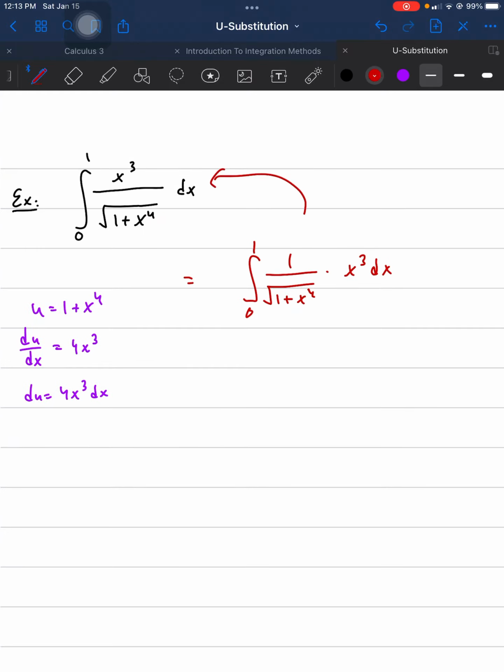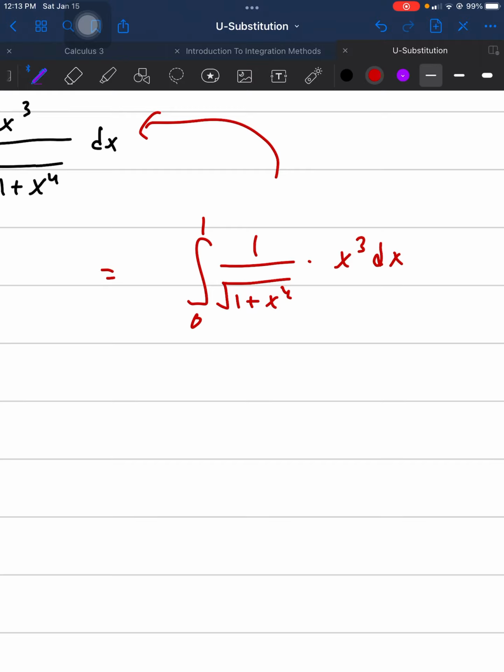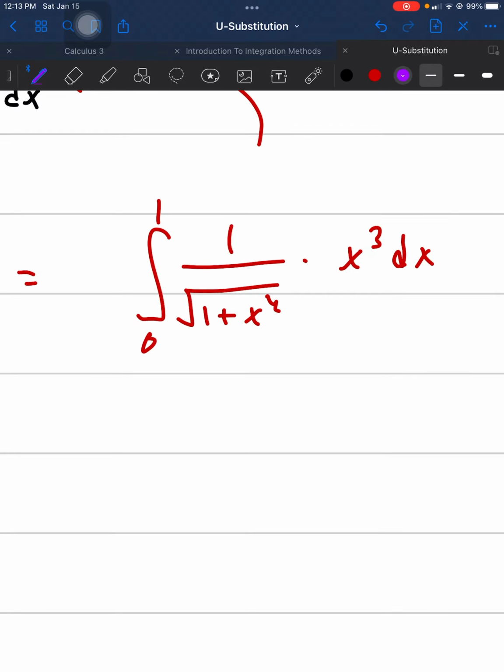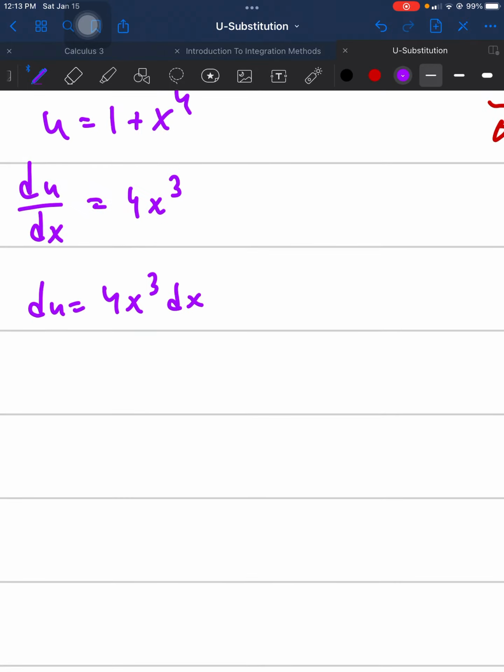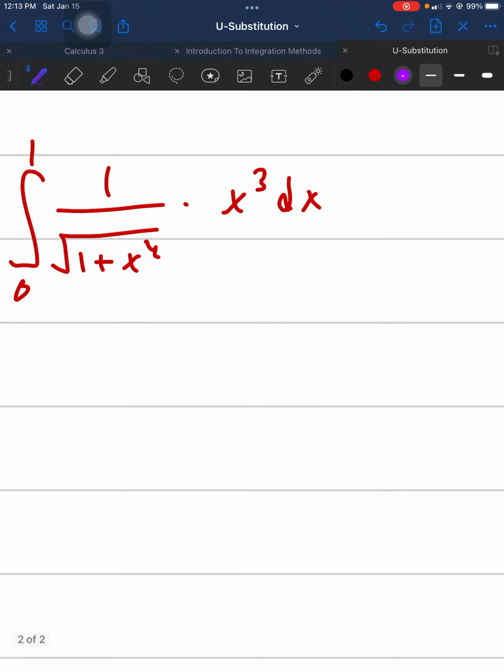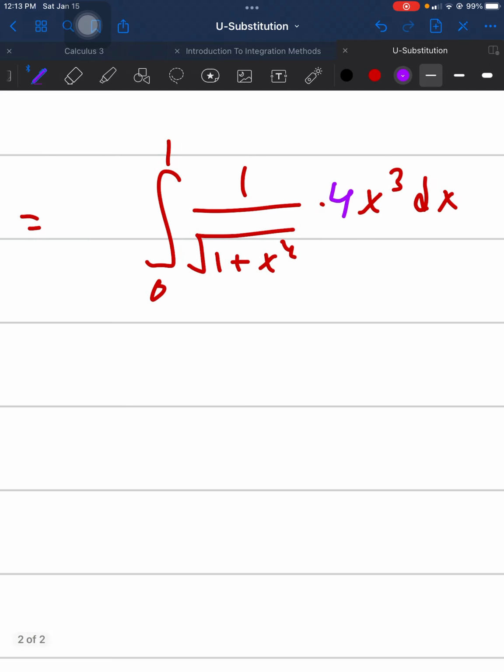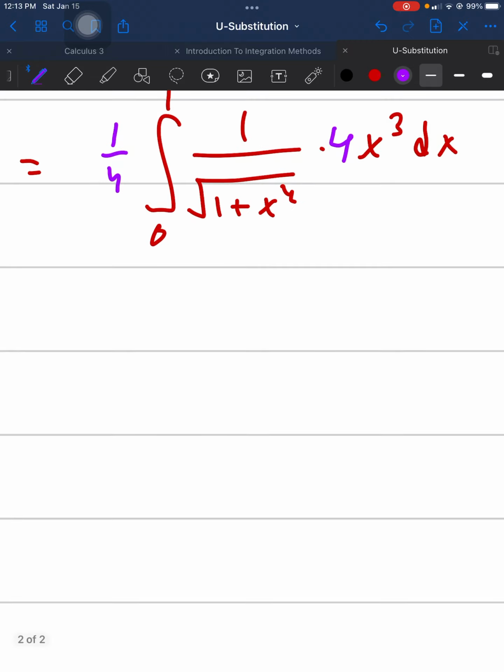This is the same thing as this. I'm just rewriting it. So say we need a 4x cubed, right? We need a 4x cubed. So just add a 4 here. But since we added a 4 here, we want to make sure this 4 cancels in the end product. So what we just do is put a 1/4, or in other words the reciprocal of 4, outside of the integral, like that.